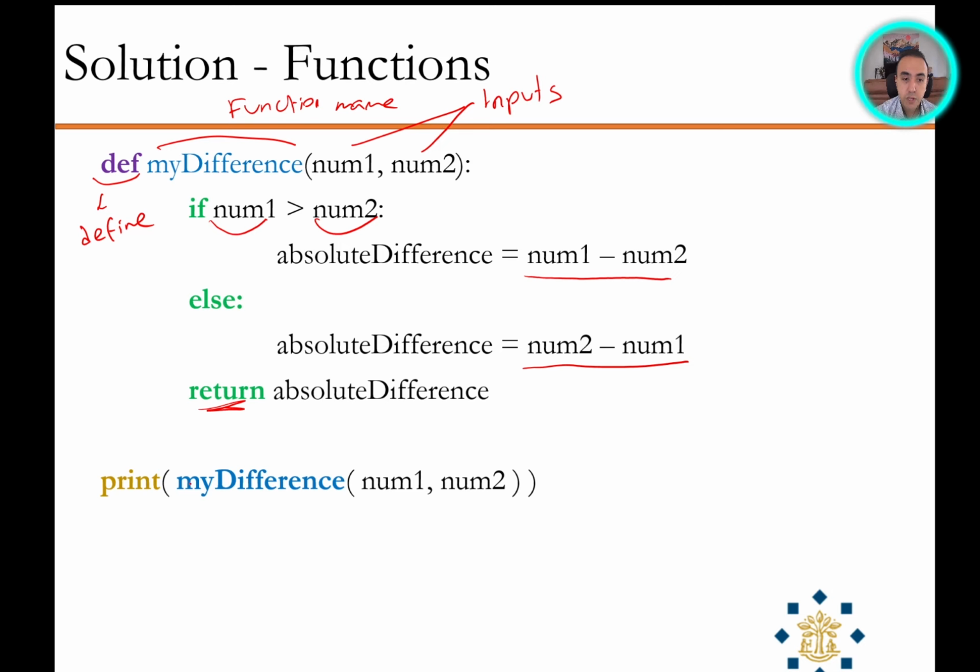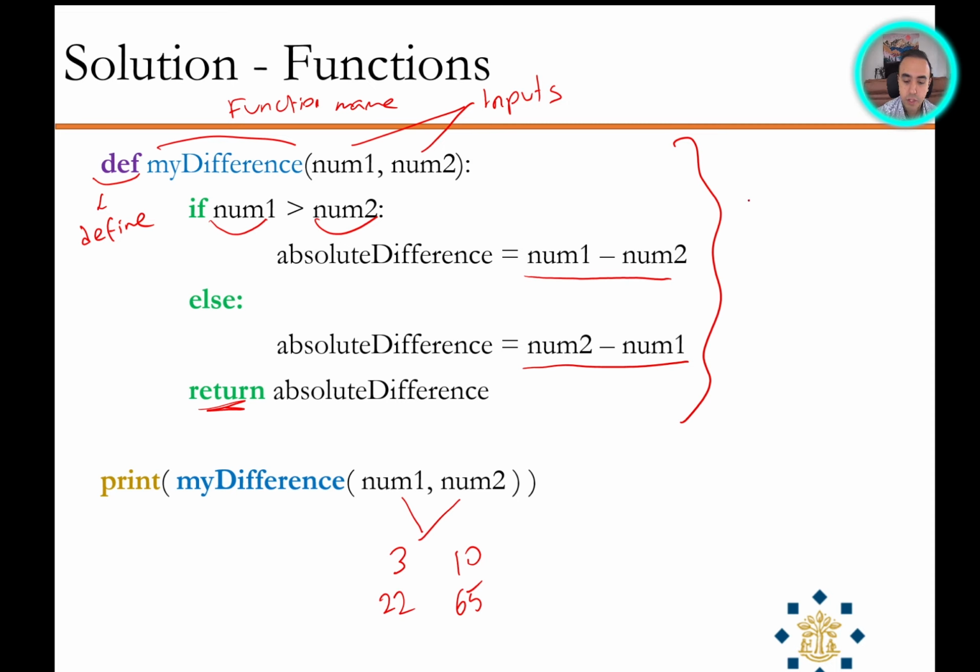And then if you go print my difference with two numbers, so this is how you call it, but then here you would need to give in the actual values, like 3 and 10, or 22 and 65, I guess. So this is how it works. So you define the function over here.